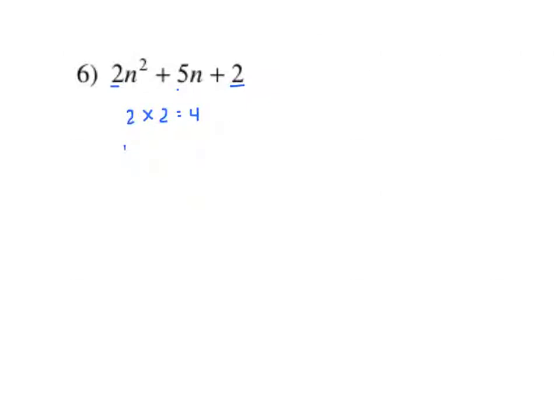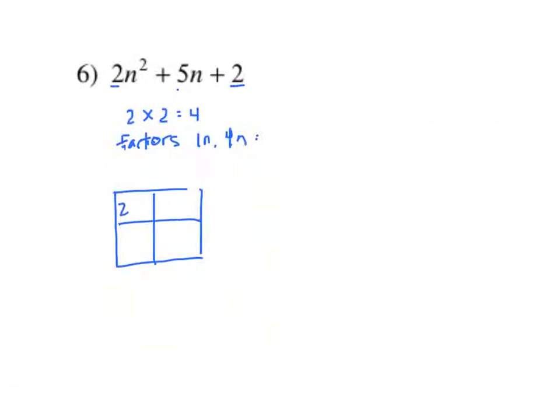So the factors will be 1n and 4n. And so when I set up my little box, I put 2n squared and 2 and 1n and 4n, and then I start looking for the common factor.